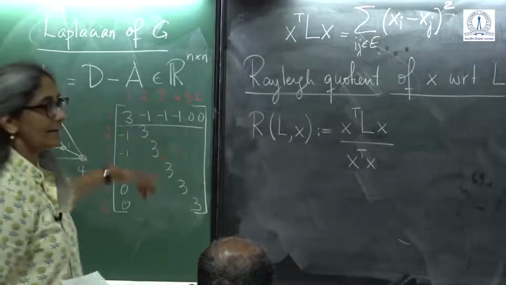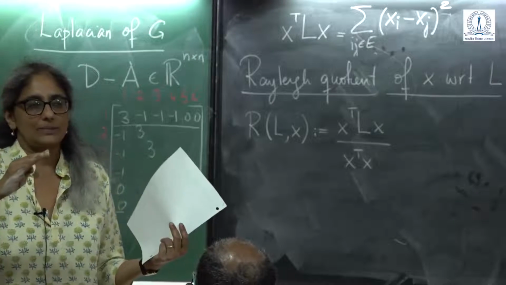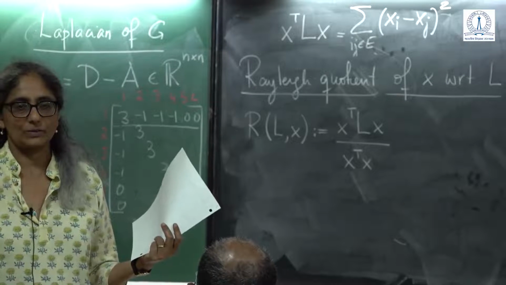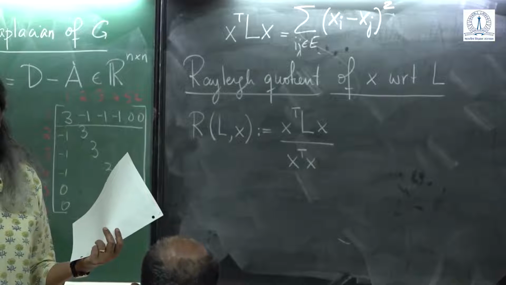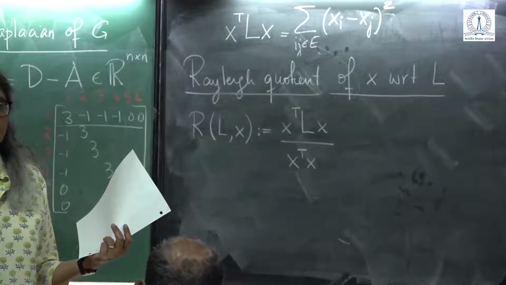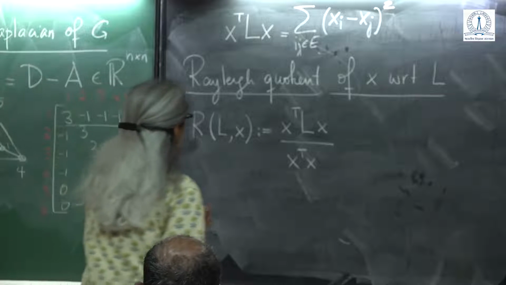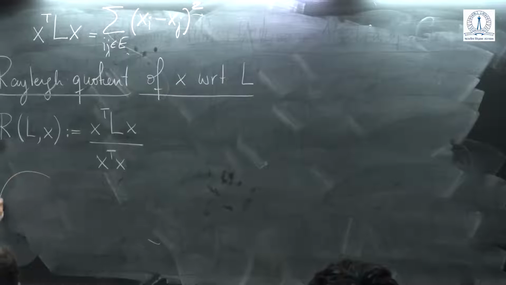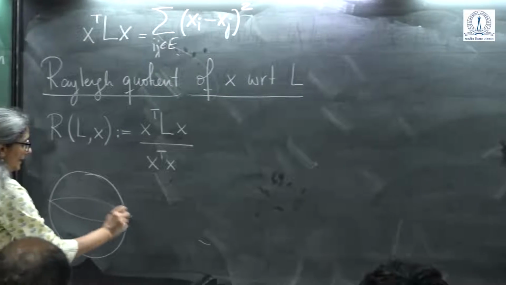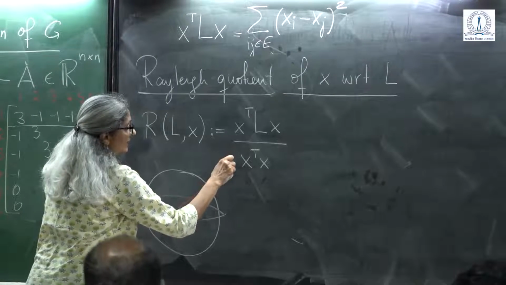If I divide by x transpose x, do you see what's happening to that quadratic form? Where are we evaluating it? Only on the unit sphere. Whatever x I use, just normalize it down to a unit vector. So here is the sphere, here's the origin, and this may be your x.